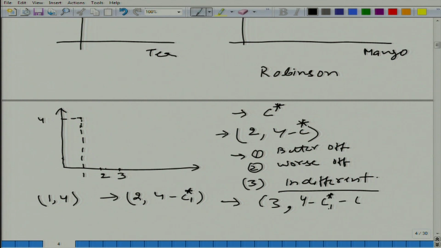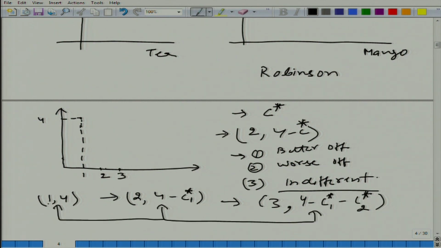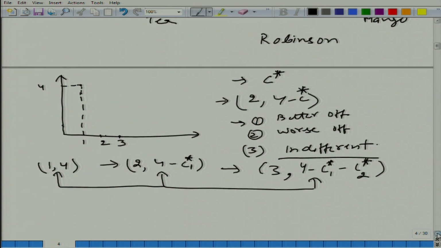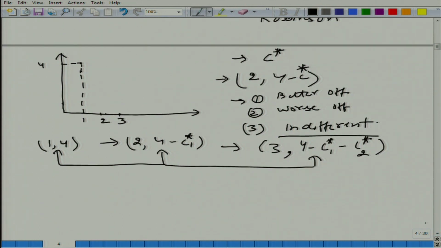Now he is going to give up C2 star amount of coconut, but he is indifferent between these two, and indifferent between these two. So using transitivity, this person is indifferent among all 3 bundles.